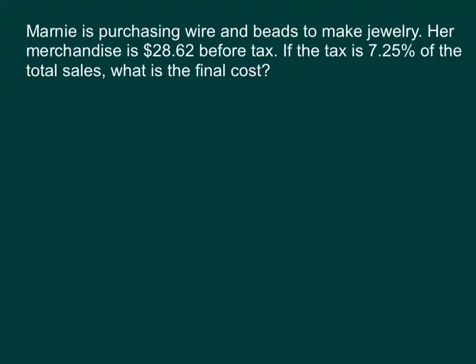Marnie's purchasing wire and beads to make jewelry. Her merchandise is $28.62 before tax. If the tax is 7.25% of the total sales, what's her final cost? So I'm going to find the percent of a number. I'm going to take this tax rate and turn it into a decimal, 0.0725, and multiply it by the original price of her purchase.